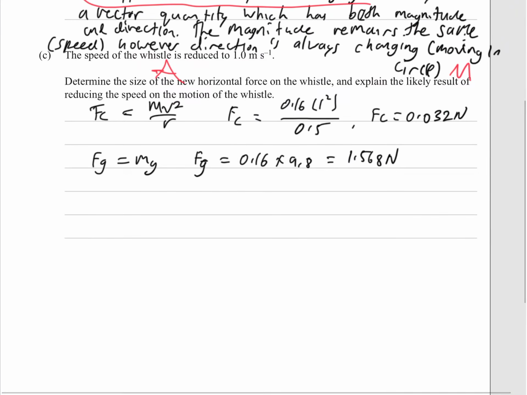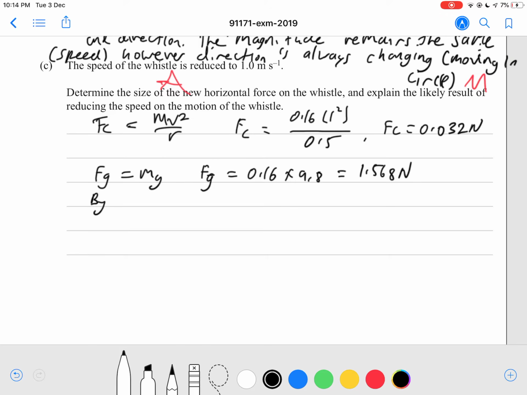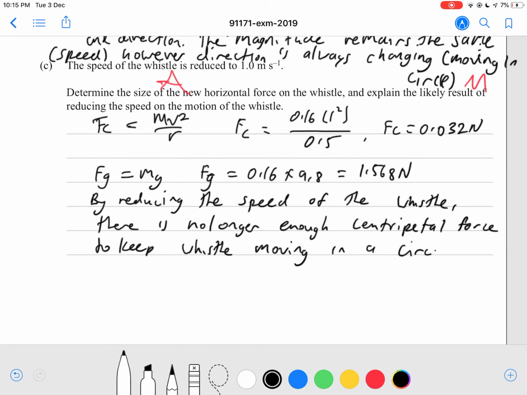So that's what we're going to answer for this question. We can say: by reducing the speed of the whistle, there is no longer enough centripetal force to keep the whistle moving in a circular motion.